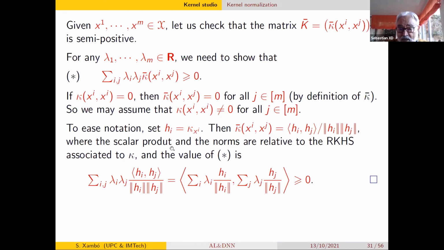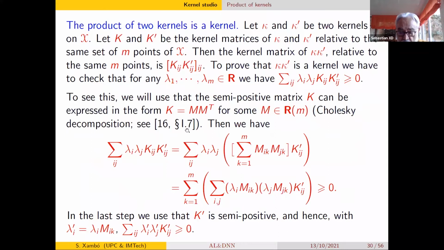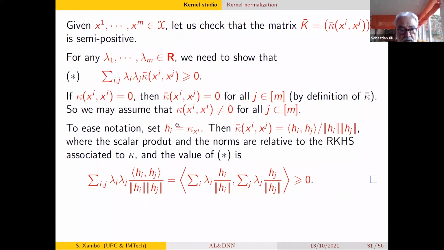Now the scalar product and the norms are relative to the reproducing kernel Hilbert space associated to kappa. And now this value here is just this, and this, by an argument similar to other ones, is just the inner product of this vector times this vector, which are the same, because the only thing that changes is the summation index. So indeed, the normalized kernel is a kernel.